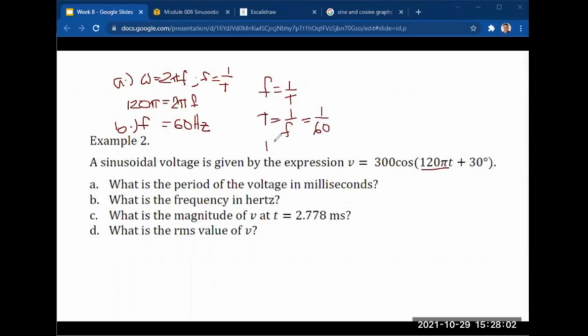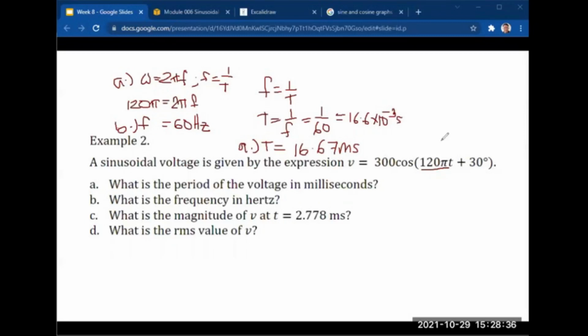So T, or the time period, which is letter A, will be equal to 1 over 60, which in milliseconds is 16.67 milliseconds, or 16.67 times 10 raised to negative 3 seconds.